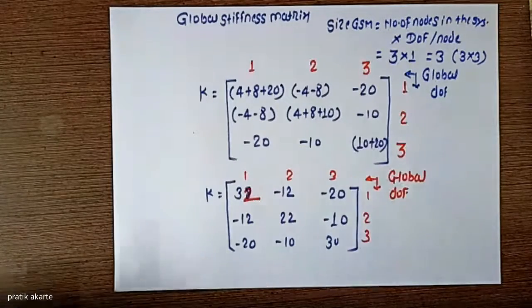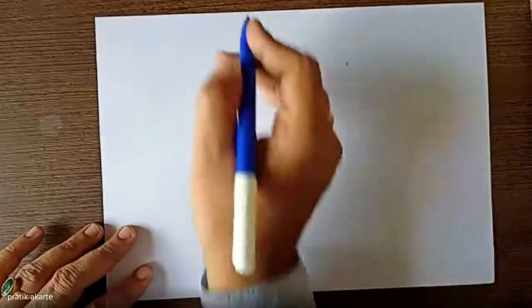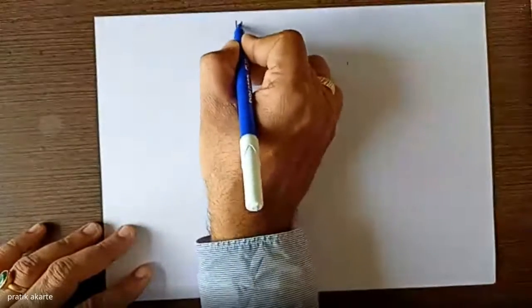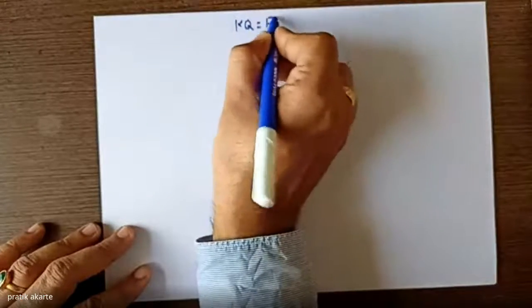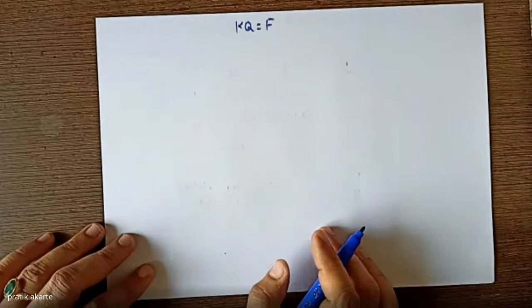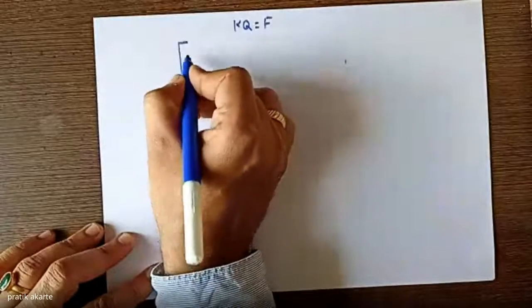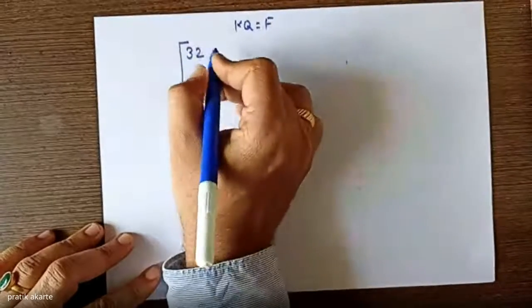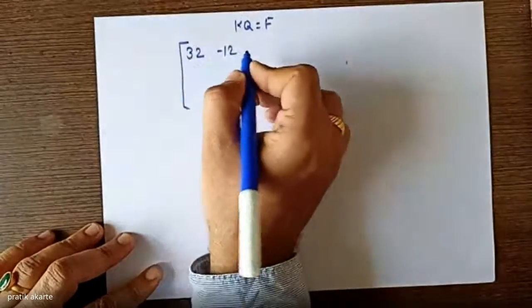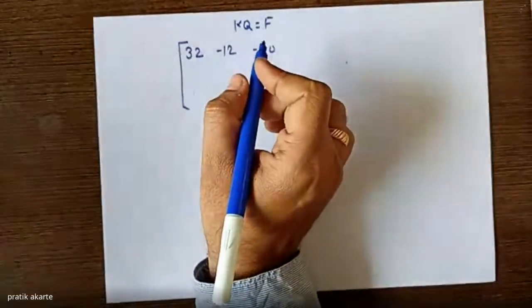Fine. Now, next is to construct the equation. To construct the generalized equation, which is KQ equal to F. Writing it in the form KQ equal to F, we'll get 32, minus 12, minus 20. Let me check once again the element.